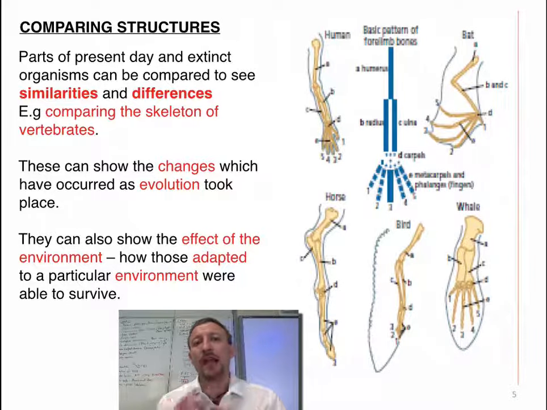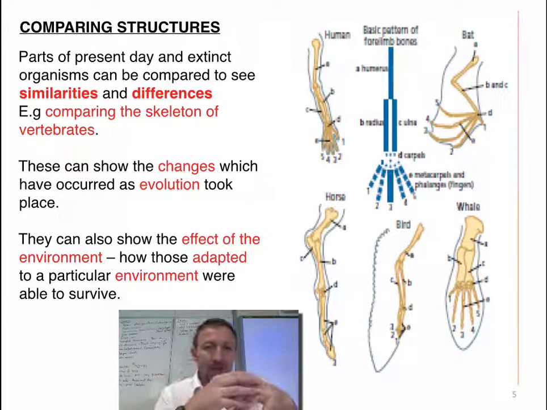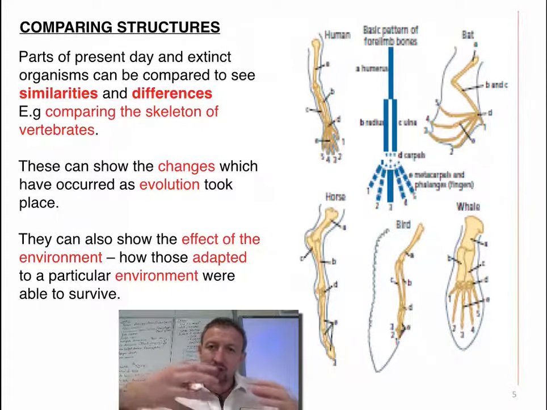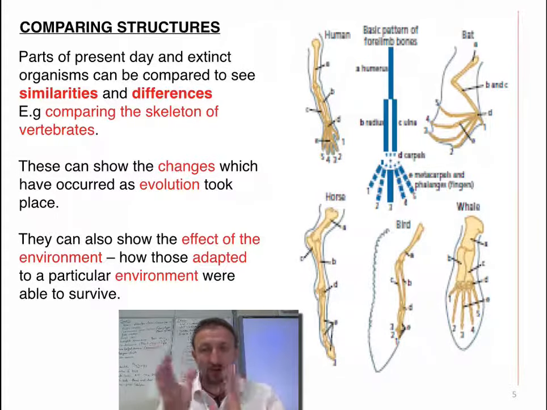Okay, so by looking at the structure of the bones, we can say, maybe this linked to this came from this, and as a result we can piece together bit by bit the family tree of an organism as we look at the comparative bone structures which have been set up.